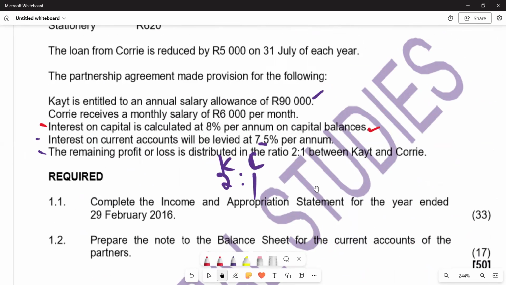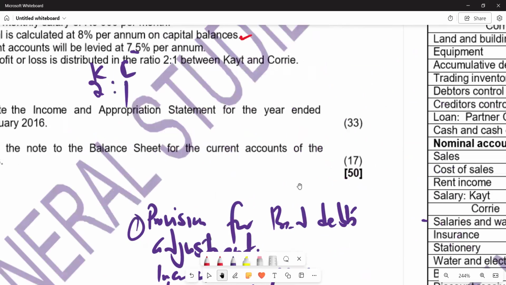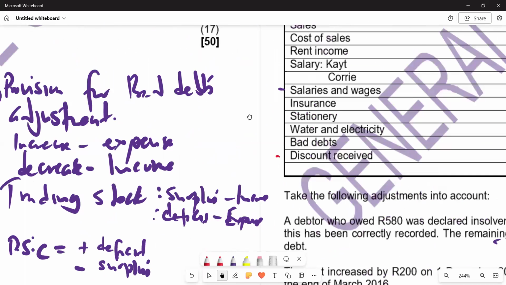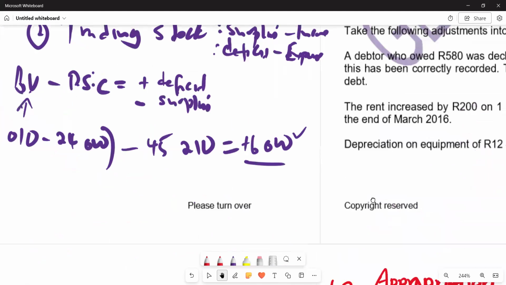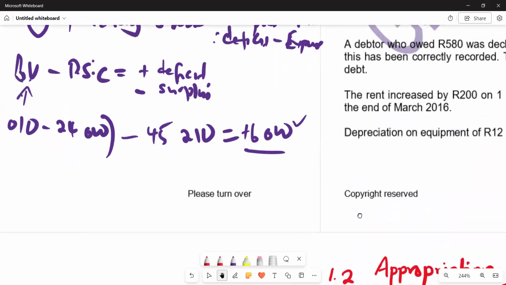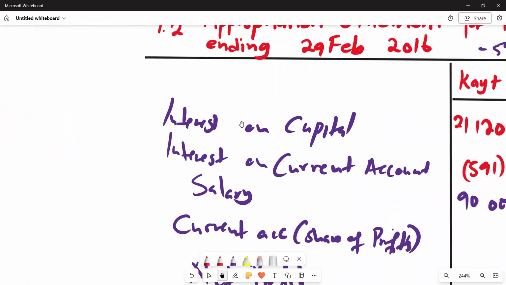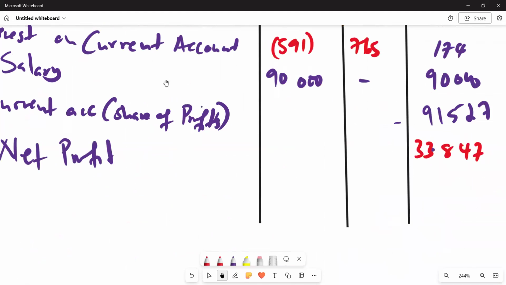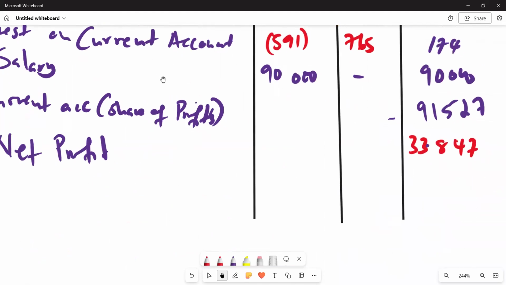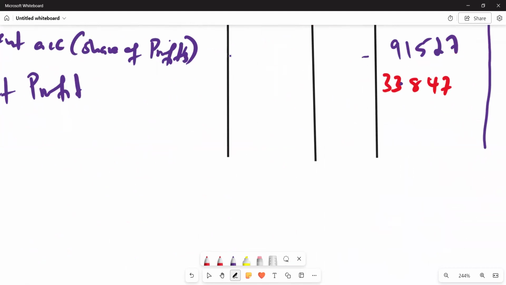So we go there and apply that. So it's 2:1, Kate and Corey.